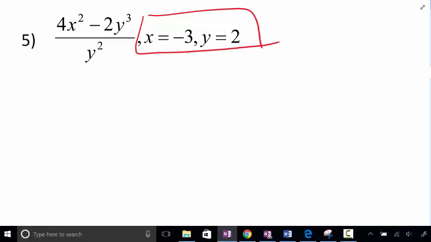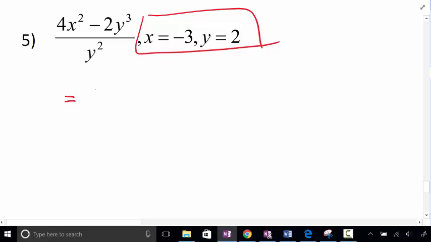And the reason why we use letters is because sometimes we don't know the value. We don't know the value, so we use a letter, x. But when we know the number or the value, we can plug it in. We can substitute it. All right, so basically what this is saying is x is -3 and y is 2.